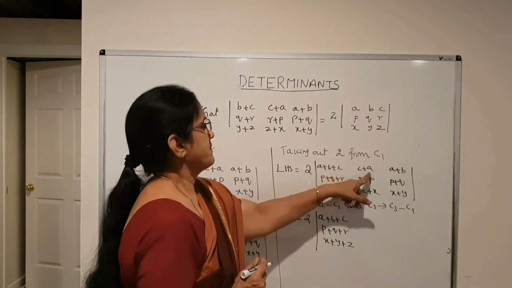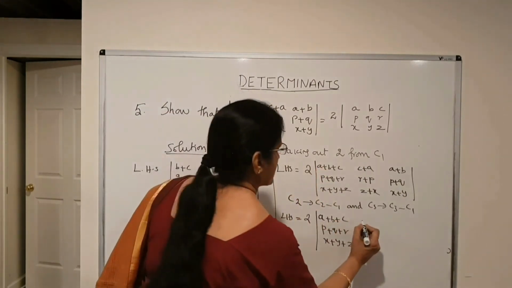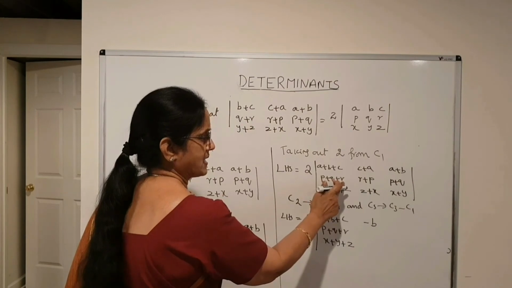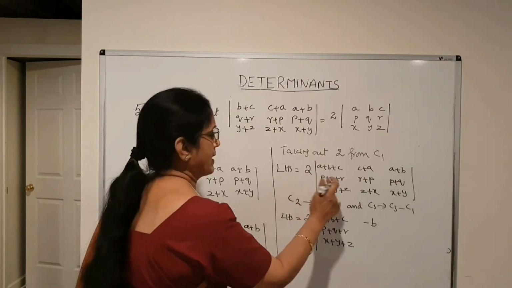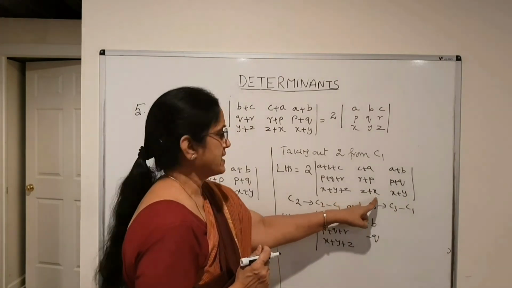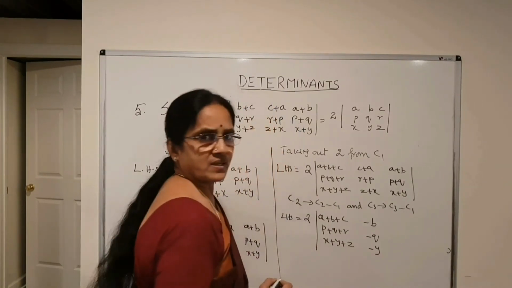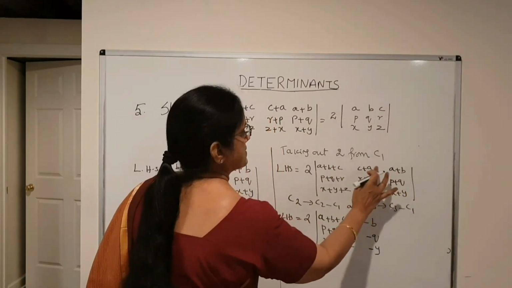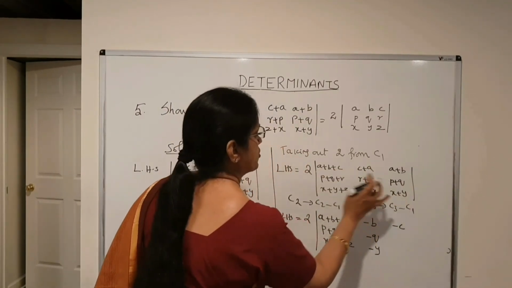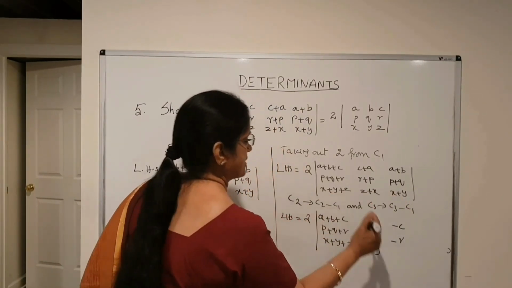So, C plus A will get cancelled with minus A, minus C, I will be left with only minus B. Same way here, R plus P will get cancelled with minus R and minus P, left with minus Q. Here also, Z and X will get cancelled, left with minus Y. Okay, now same way if I do this, A plus B minus of this will give me minus C, P plus Q minus of this will give me minus R, and X plus Y minus of this will give me minus Z.